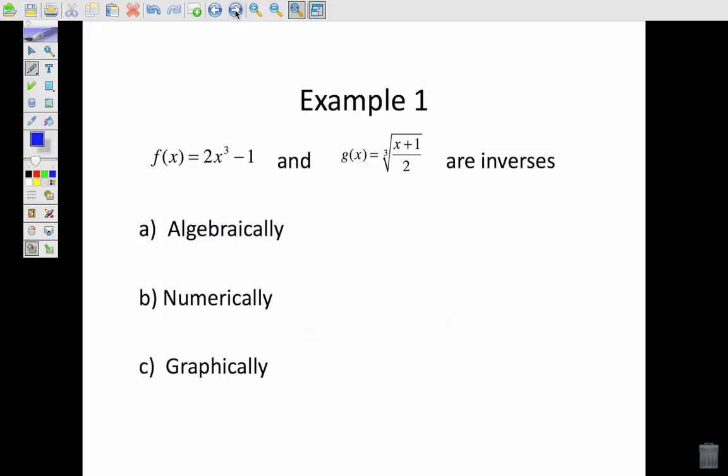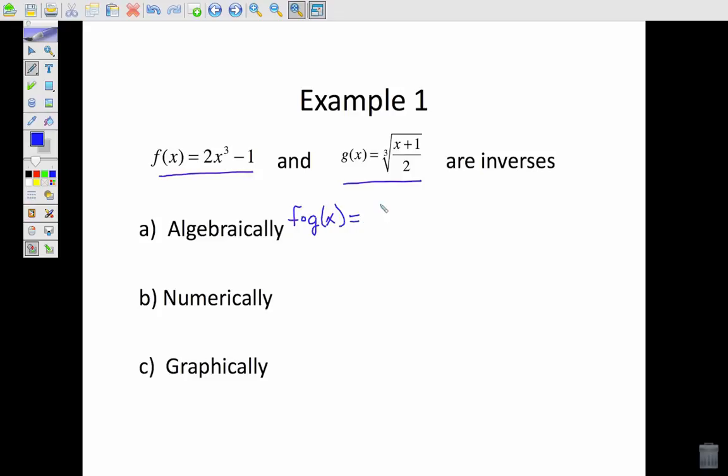We've got our first example. f of x is 2x to the third minus 1. g of x is the cube root of x plus 1, divided by 2. Are they inverses? Well, let's go ahead and do their compositions. So let's do f of g of x.